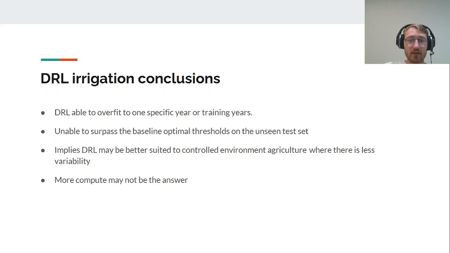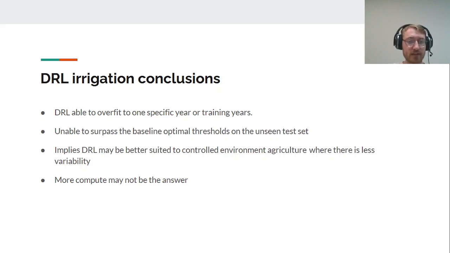However, when evaluated on an unseen test year, which is what it has to deal with if it's applied in a real field situation, it's unable to do better than simple optimized sets of soil moisture thresholds. So this might imply that DRL is better suited to a more controlled environment, maybe something like vertical farming, where there are fewer unknowns and less uncertainty.